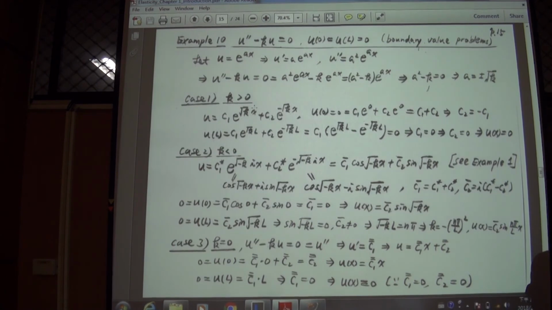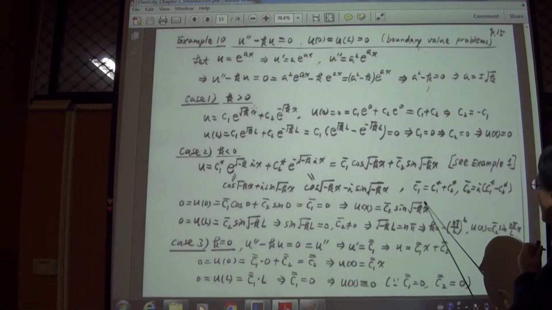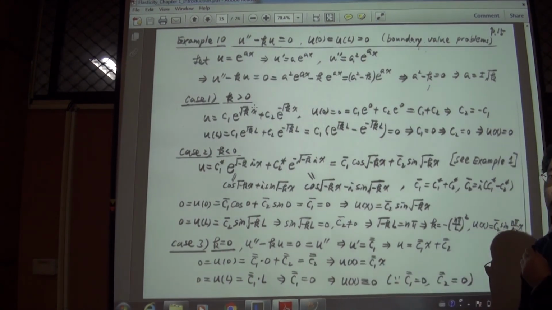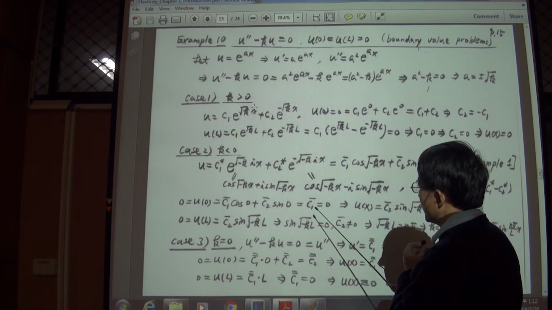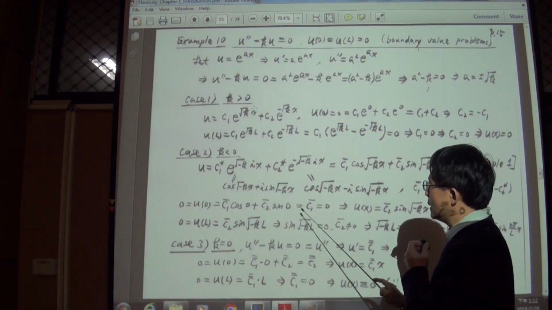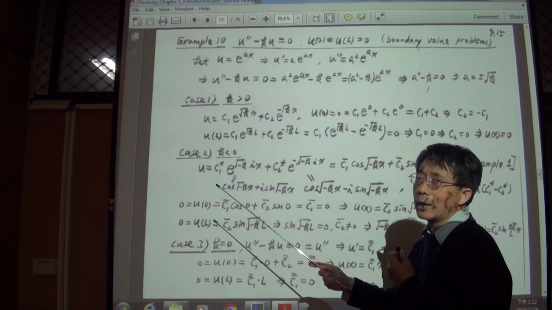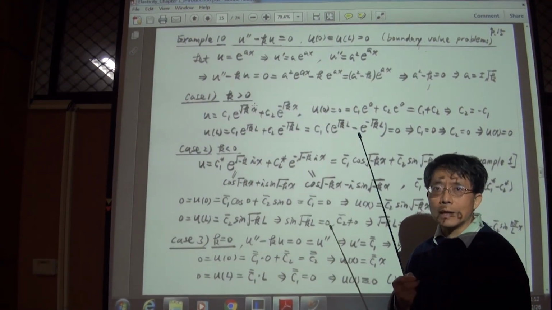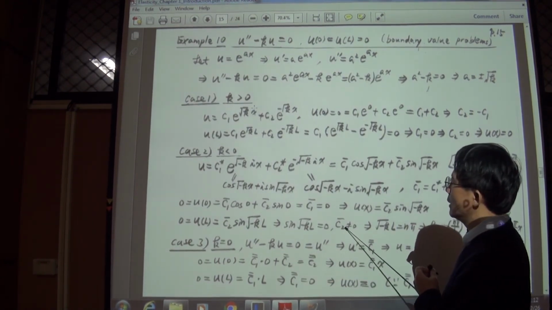Now, once you get this, we put x equals L here. And then we say that C2 bar does not equal 0, because if C2 bar equals 0, and C1 bar equals 0, then we get the trivial solution again. So we require that C2 bar does not equal 0.